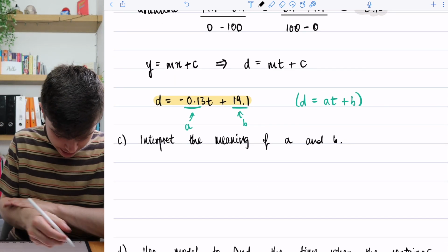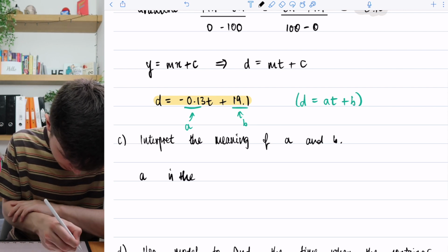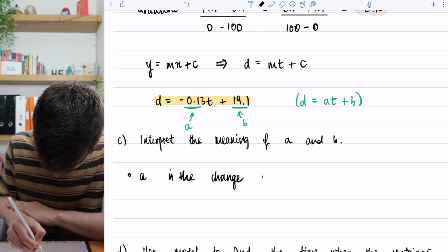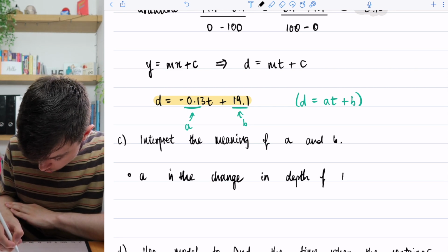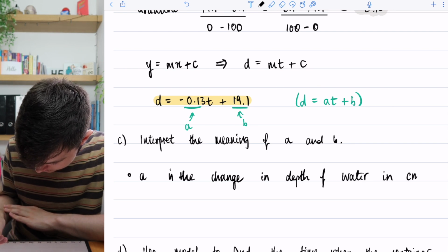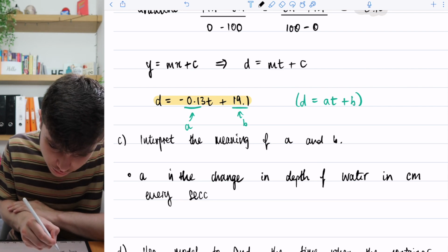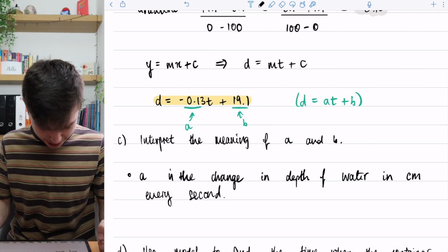So I'll write that here. A is the change in depth of water in centimetres every second. Okay, and it's the water in the container.